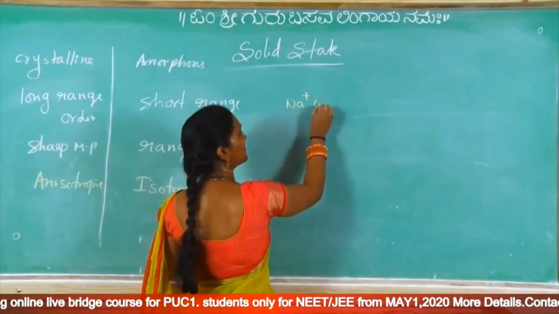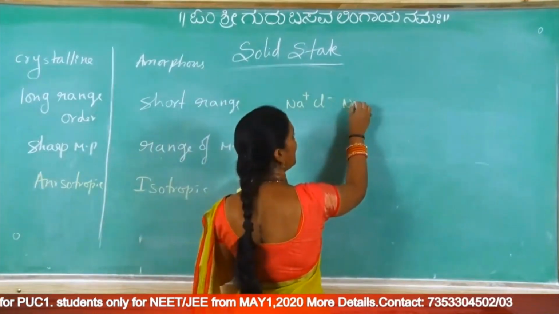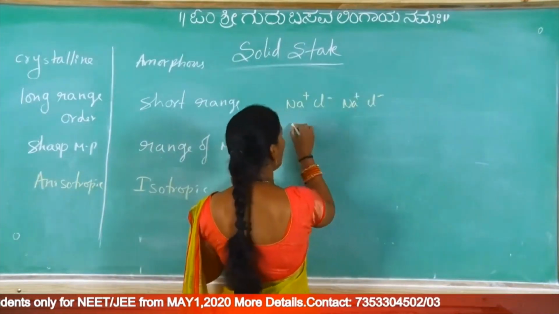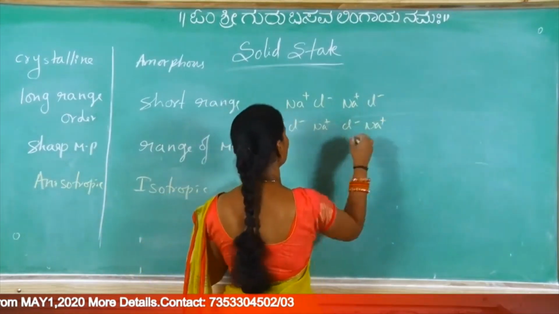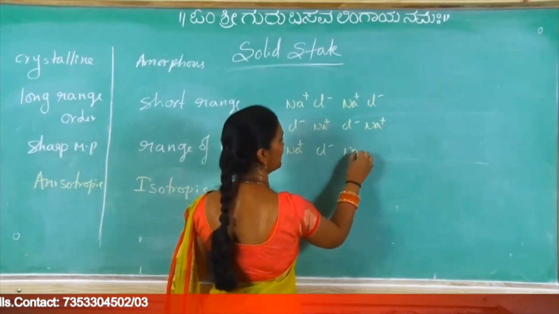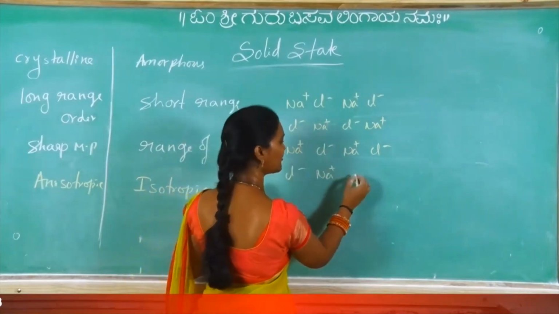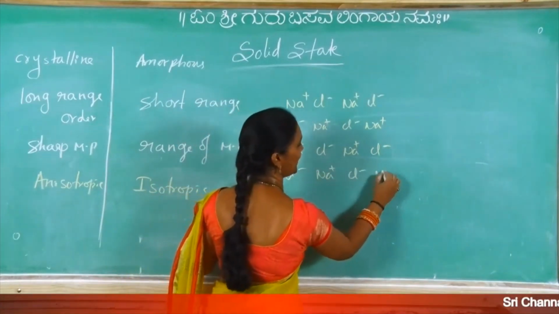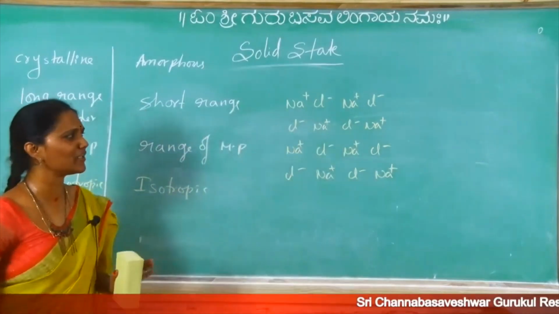Now take a crystalline solid, NaCl: Na plus Cl minus, Na plus Cl minus, and Cl minus Na plus, Cl minus Na plus, in four lines. Here a complete regular arrangement is there.